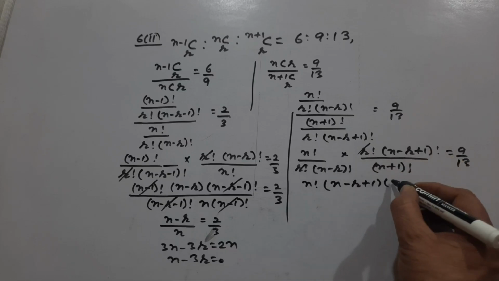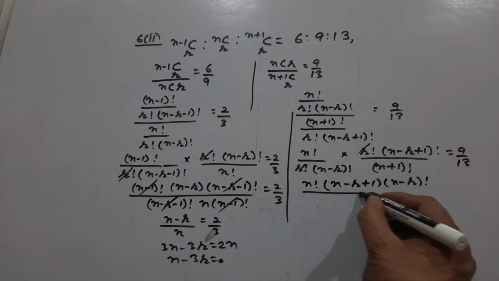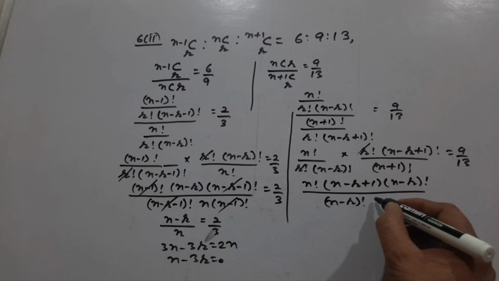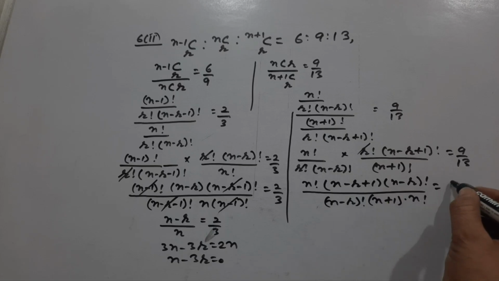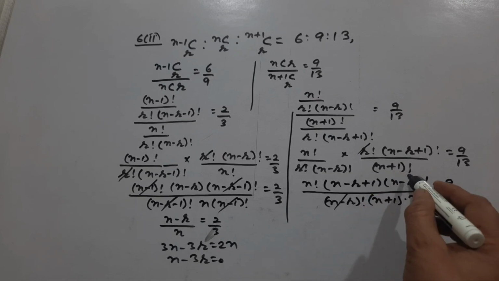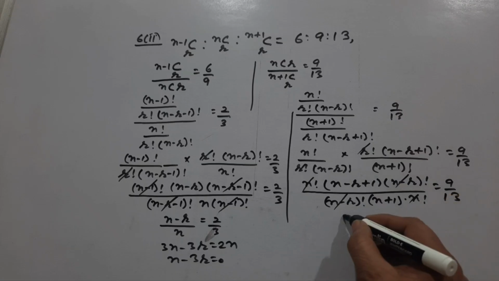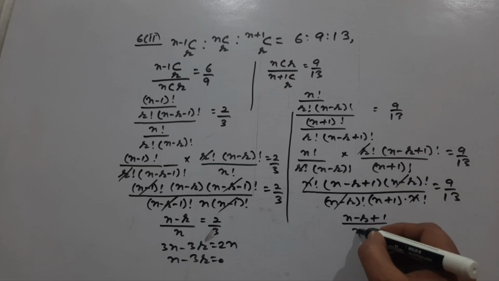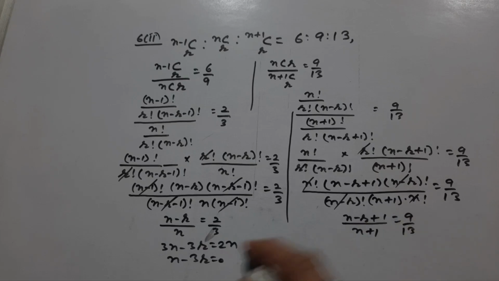We can write it like this: n minus r plus 1 into n minus r factorial, then n minus r factorial, n plus 1 into n factorial equals to 9 by 13. Cancelling n minus r with n minus r, cancelling n with n. So we get n minus r plus 1 upon n plus 1 equal to 9 by 13.